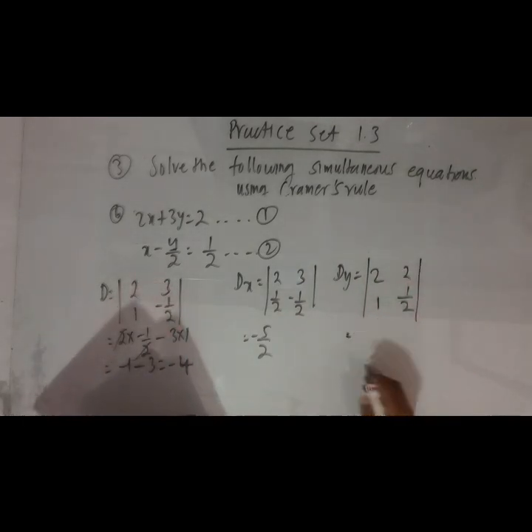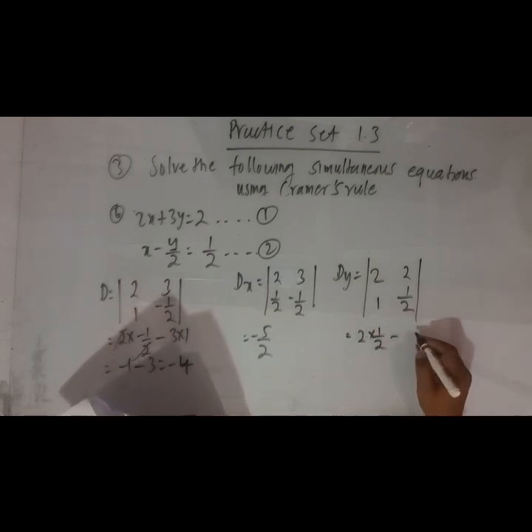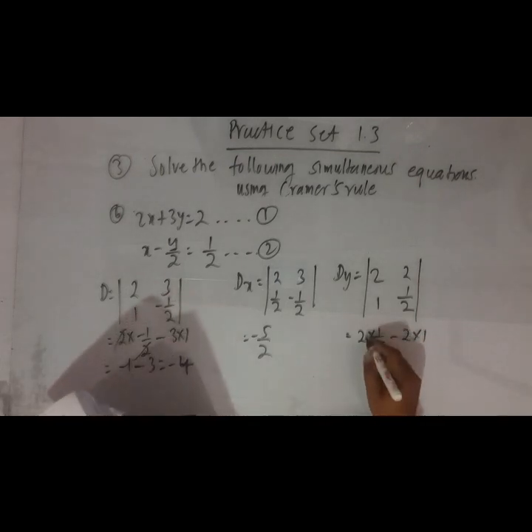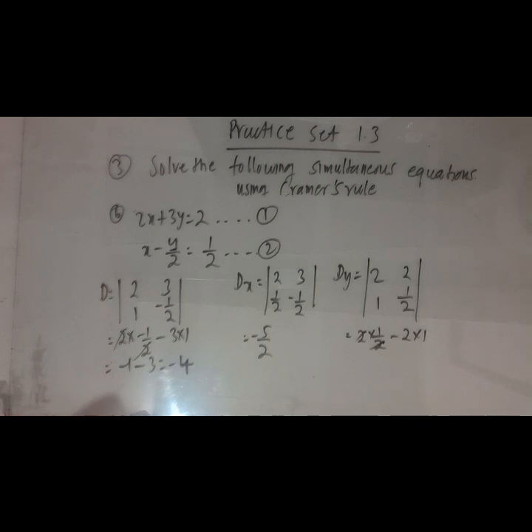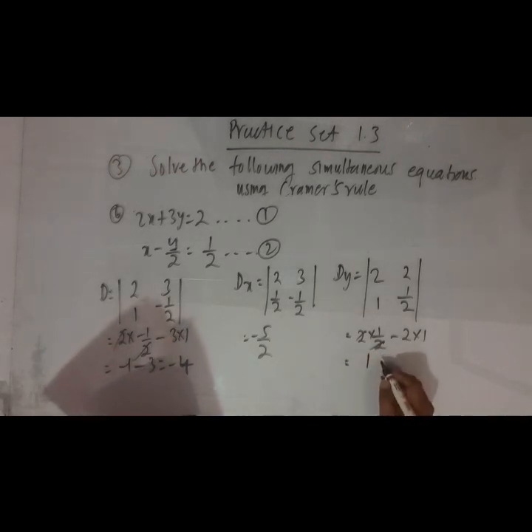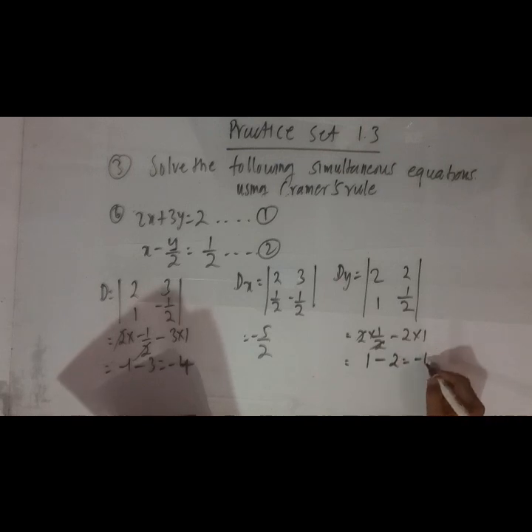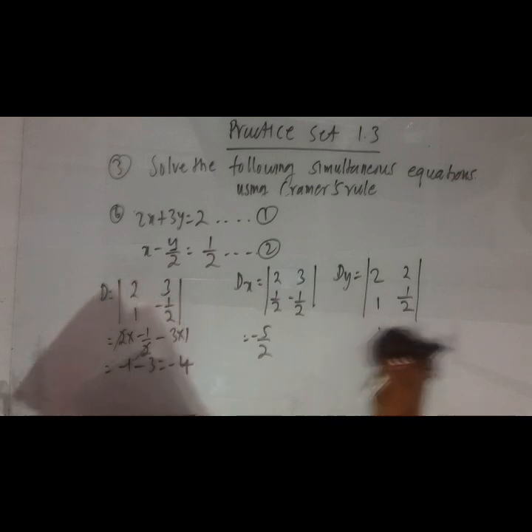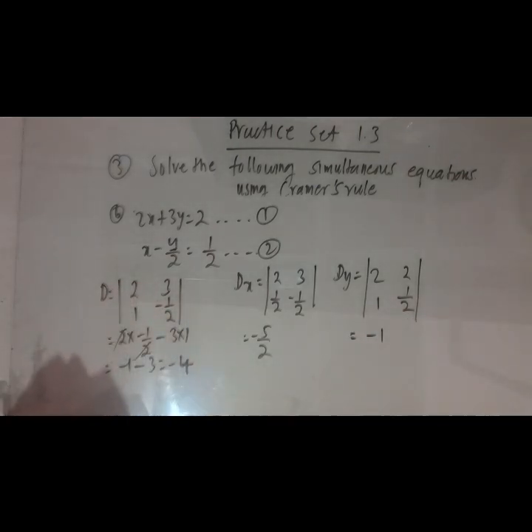Now we have to simply solve this determinant: 2 into 1.5 minus 2 into 1. So your answer is here 3 minus 2, so 1. So dy is 1.